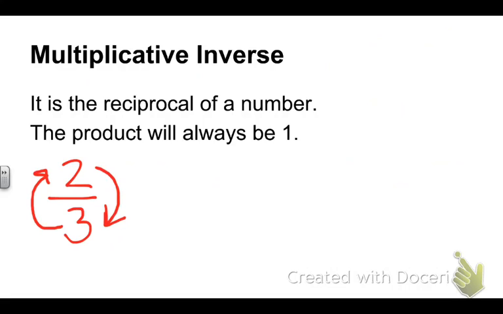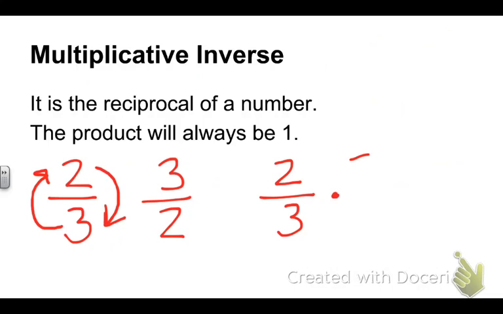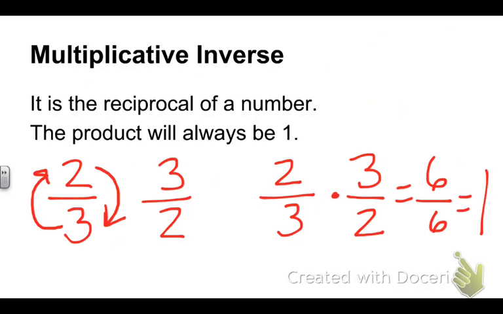So the reciprocal is going to be 3/2. Now, the product will always be 1. If I take 2/3 and multiply it by 3/2, you remember multiplying fractions, you multiply straight across. 2 times 3 is 6, 3 times 2 is 6. Simplify it, 6 divided by 6 gives you 1. This happens every single time with multiplicative inverse.